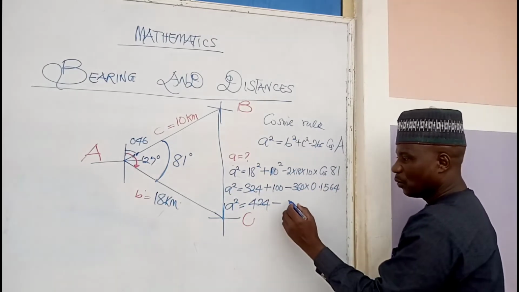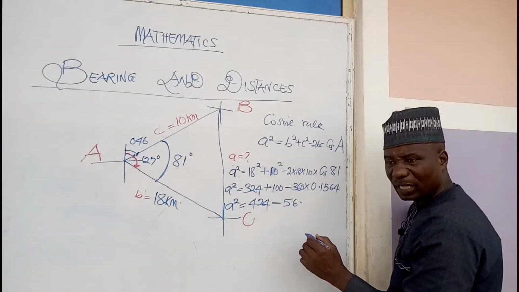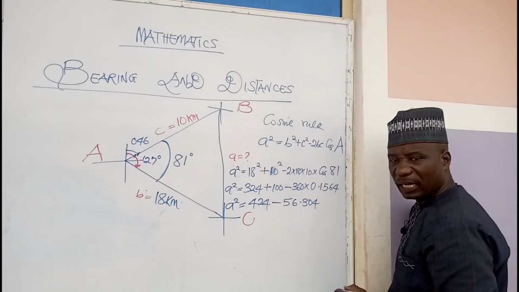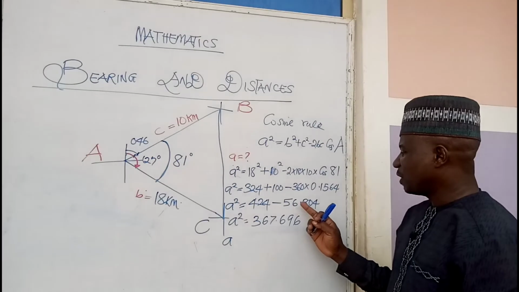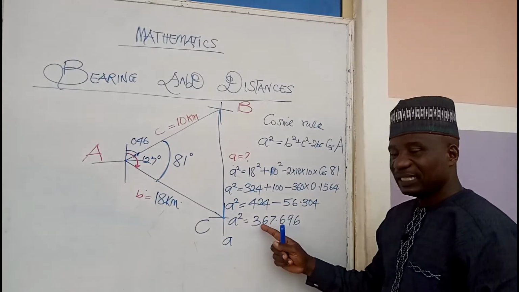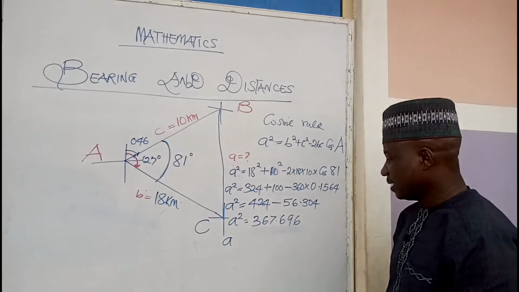And what do you have? We have minus 56.304. Are we together? If you deduct 56.304 from 442, you have 367.696.